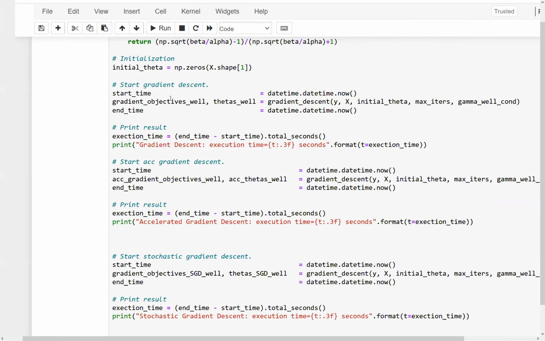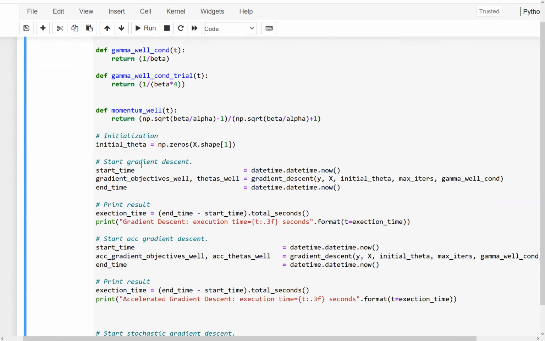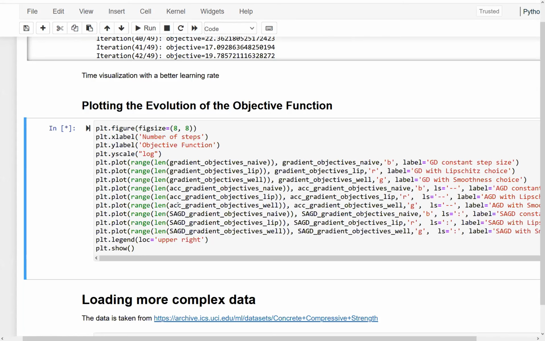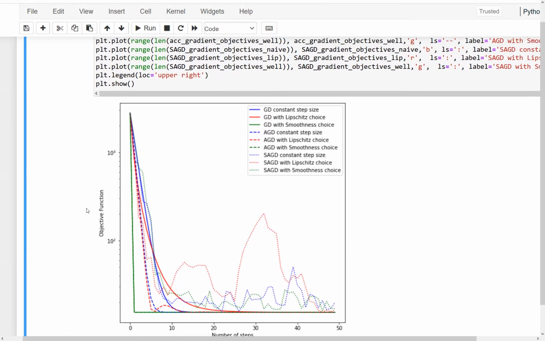But if you would, I don't know, take here something like beta, I think 4 or 3 would do the job, perhaps. I get something better. As I said, it's a bit hard to tune the step size, especially a constant one. This is why you have all these kinds of heuristics, rules of thumb, which are quite useful in practice.